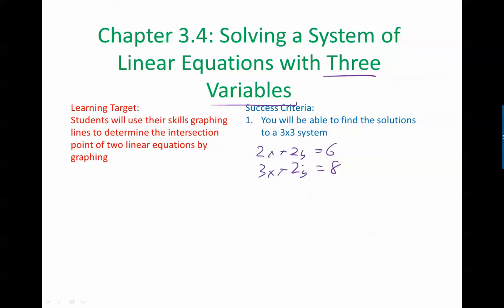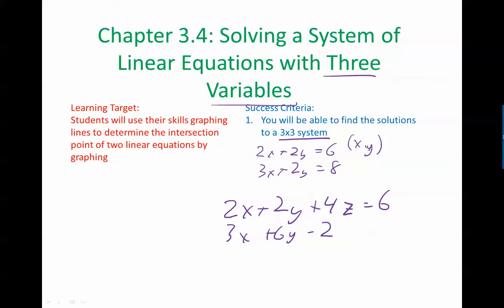So two equations, two variables, we solve for x and y. That's what we've done previously. What we're going to introduce in this chapter is a 3 by 3 system, meaning we are going to look at three variables with three equations.